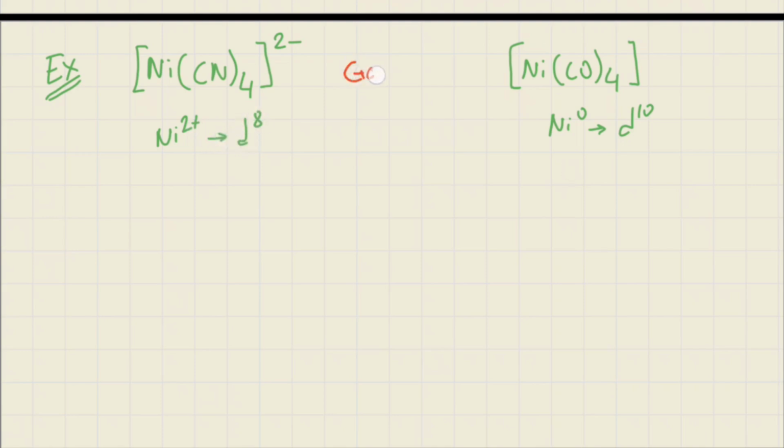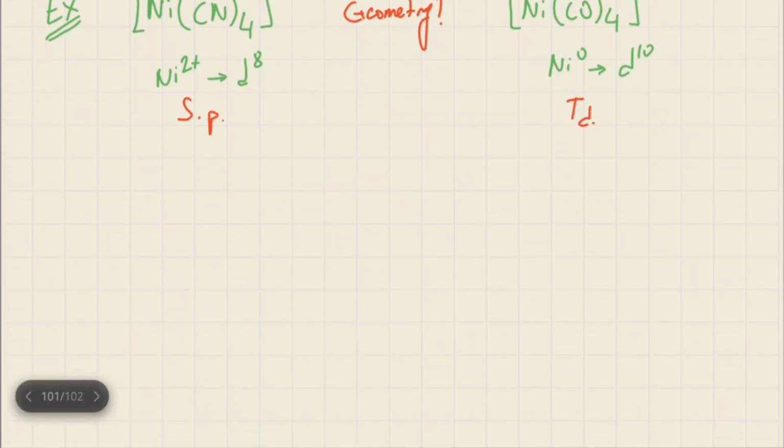So if you want to predict the geometry, we can easily understand that this is a square planar complex and this is the tetrahedral complex. So we can draw the molecule.